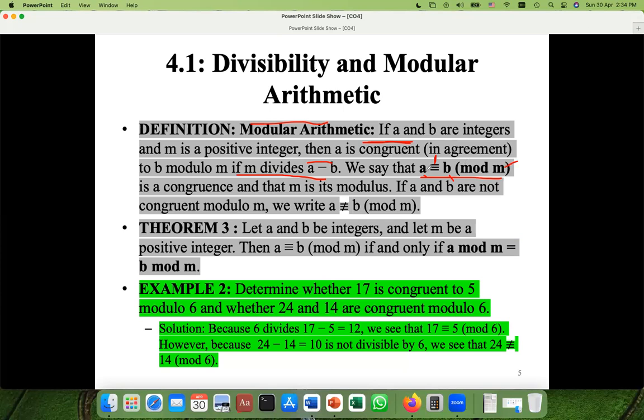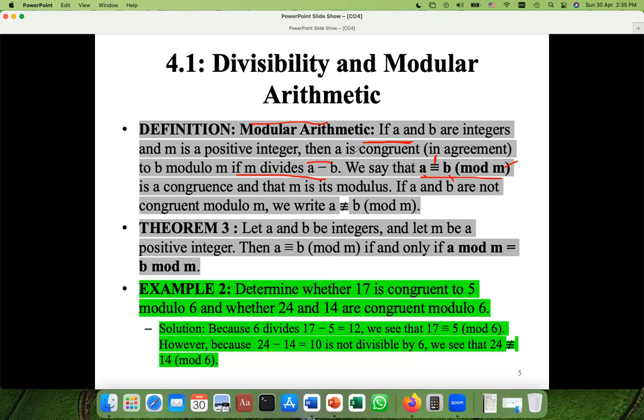And then if that M, which would be a number in the question, is dividing this A minus B completely with zero remainder, then finally you can say that A is congruent to B modulo M. Okay, this is the condition. This is the meaning here.